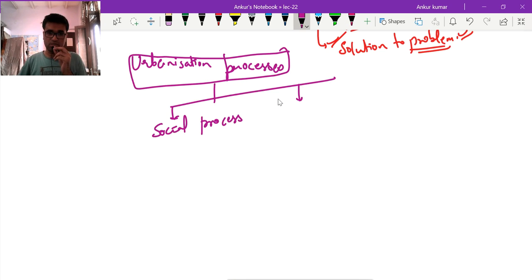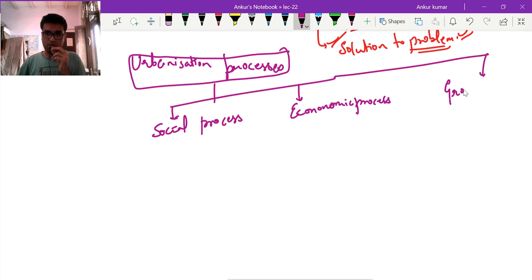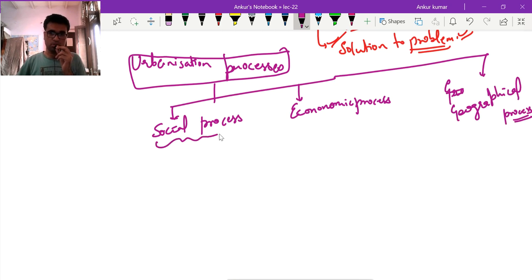The second part is the economic process, and the third part is the geographical process. So urbanization can be explained using these three processes: social, economic and geographical.